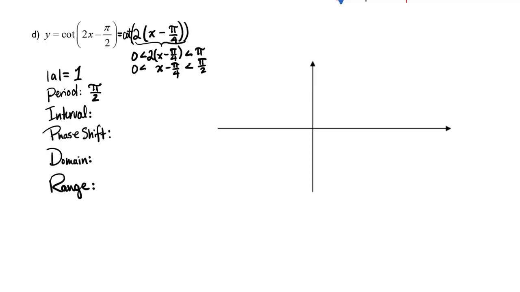Then I can add pi over 4 to all three pieces. And I get pi over 4 is less than x is less than 3 pi over 4. So my interval for this function is going to be from pi over 4 to 3 pi over 4.